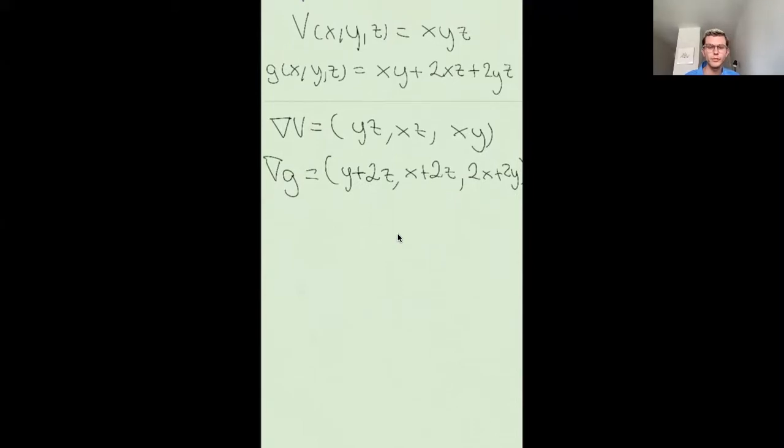And so you need the two vectors to be parallel. So when is the gradient of V parallel to the gradient of G? Well, that's when one is a multiple of the other. This lambda is what people call the Lagrange multiplier, just by the way. This is a constant number.